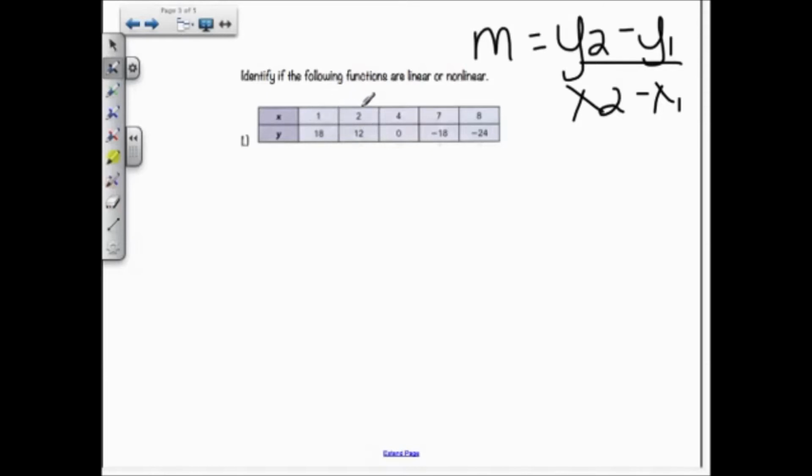So I'm going to look at what values I have here. From 18 to 12, it's decreasing by 6. From 12 to 0, it's decreasing by, let's use a different color, it's decreasing by 12. From 0 to negative 18, this is decreasing by 18. And then from negative 18 to negative 24, this is decreasing by 6.